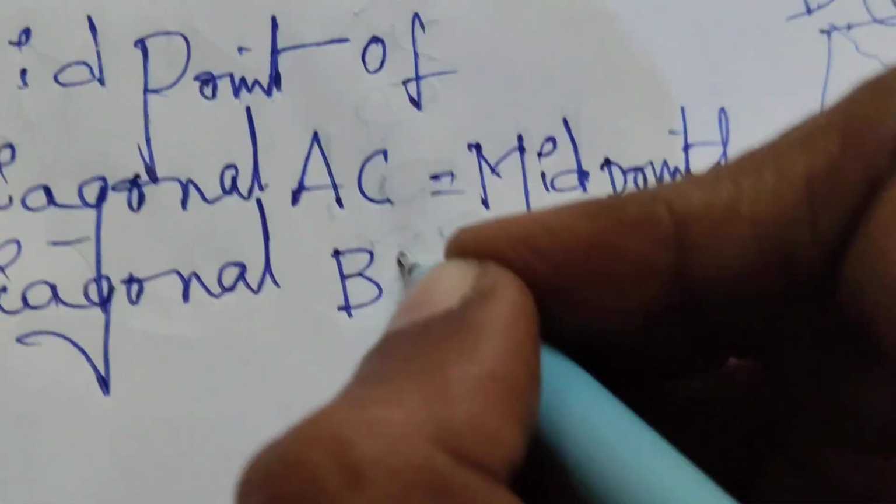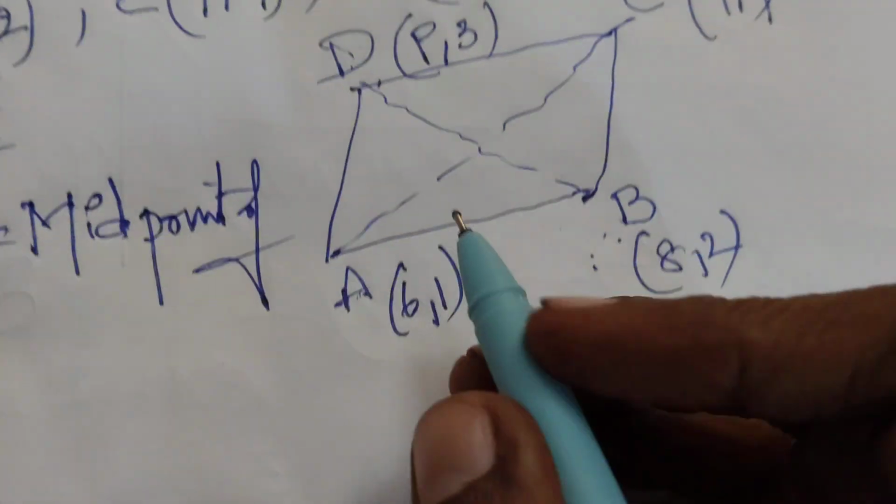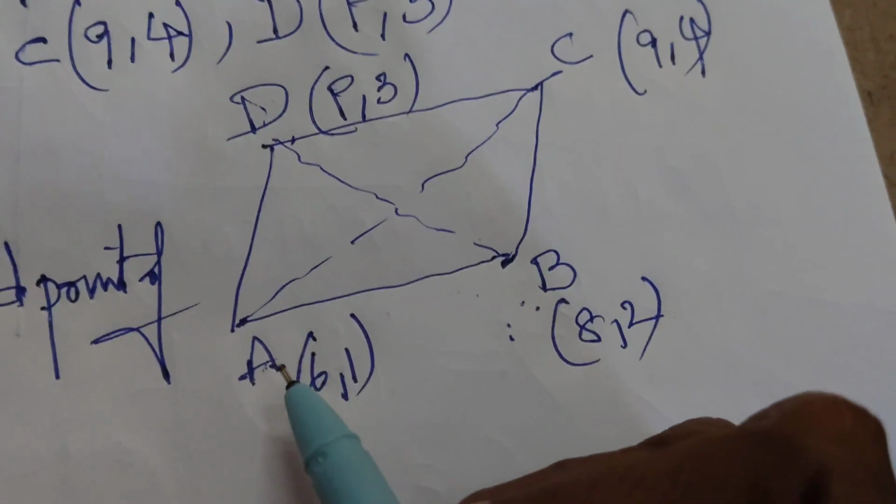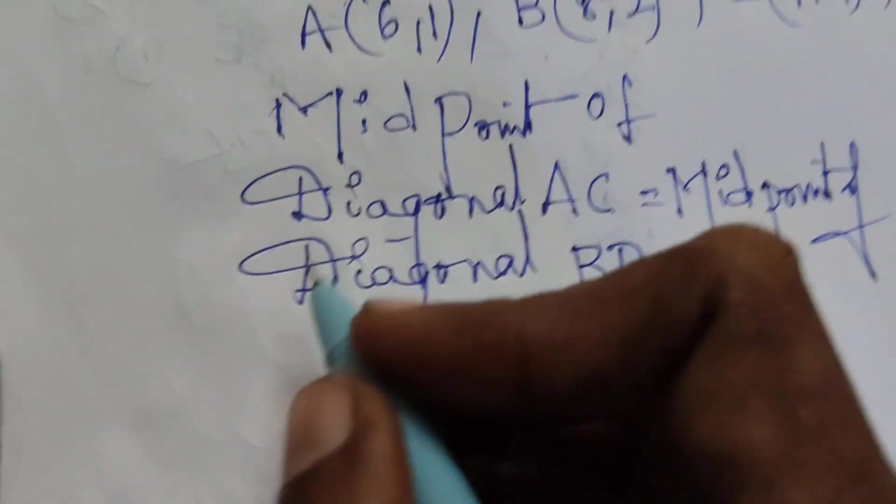First, find the midpoint of diagonal AC.